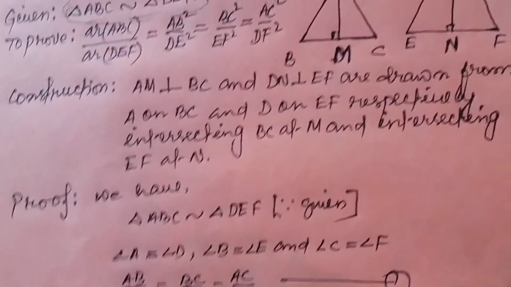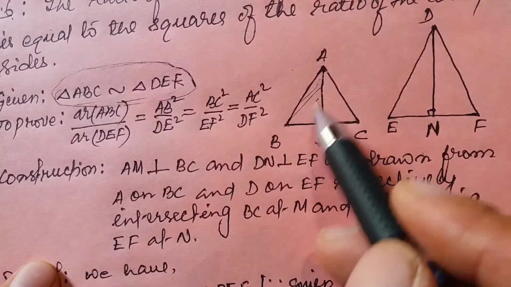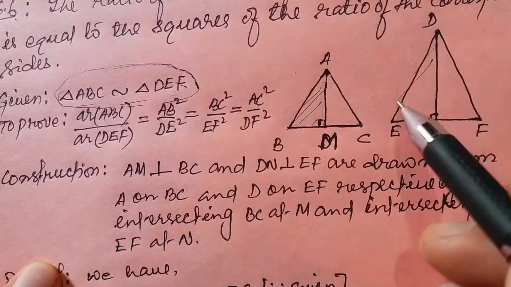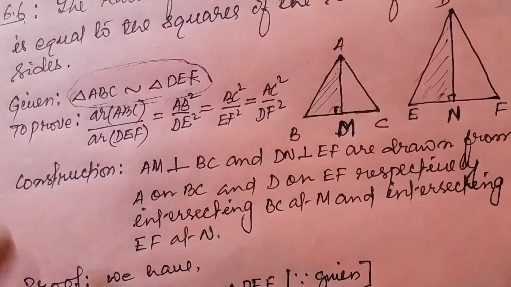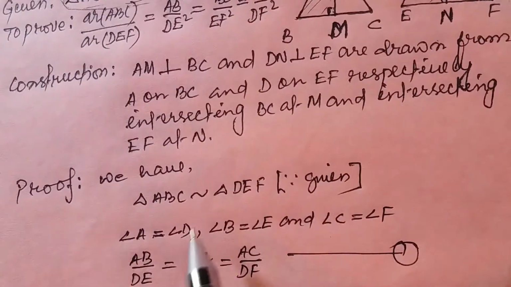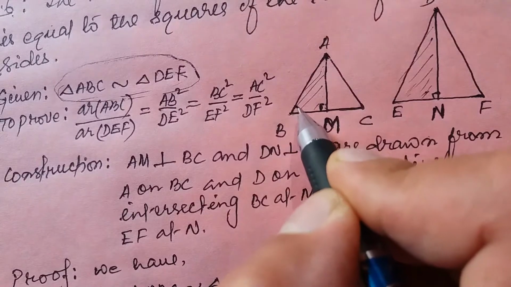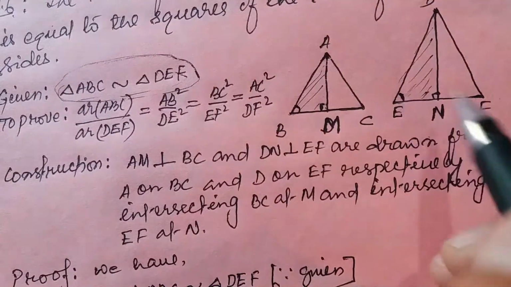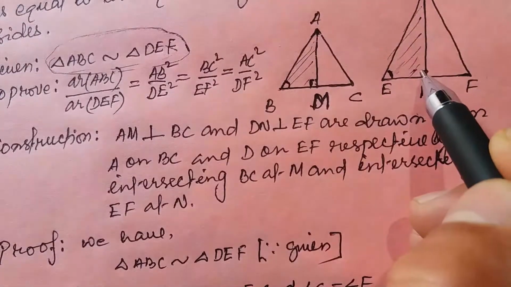Now the second step is we will try to prove that these two triangles are similar. Just now we have shown here angle B is equal to angle E. In these two triangles, angle B and angle E are equal, and by construction this is 90 degrees and this is 90 degrees.